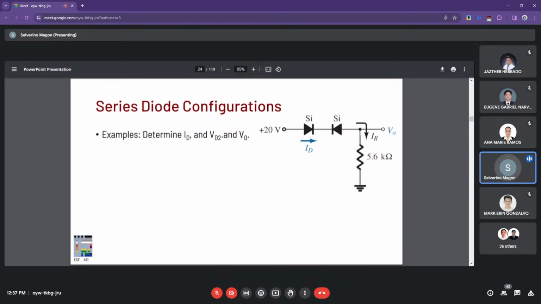Okay, so here's another configuration. In that case, you have a forward biased silicon. However, the other diode right there is reverse biased.